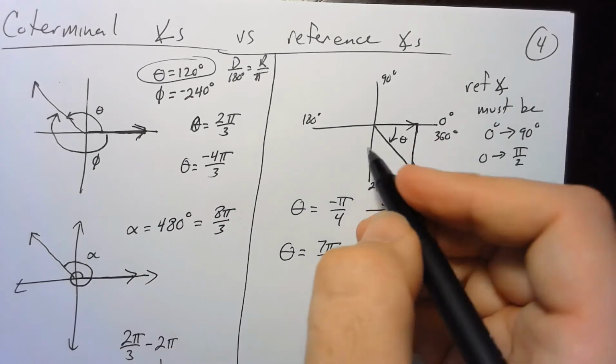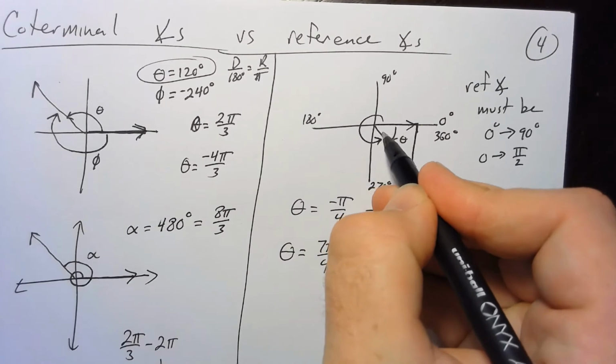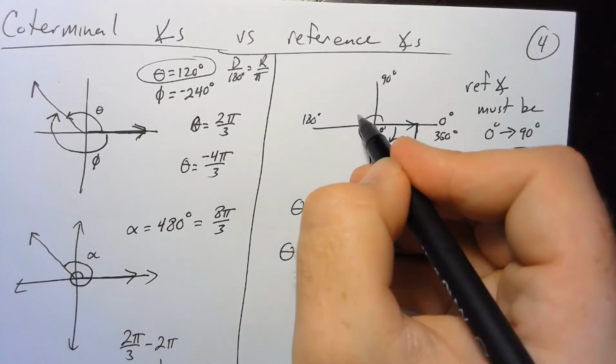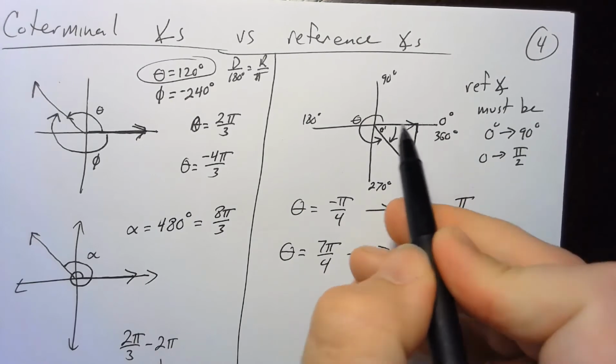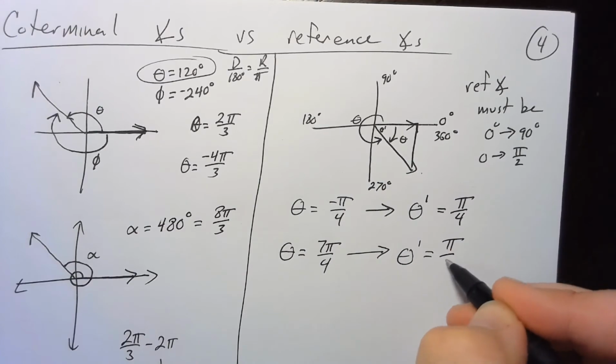Well, keep in mind that if I go this way or the other way, it doesn't really matter. I still need to create a triangle cutting back to the x-axis. And the angle that's left over right in here will be my theta prime. Again, if this is theta, then cutting it back to the x-axis, creating that new angle right there, that's my theta prime. So in this case, it's still pi over 4.